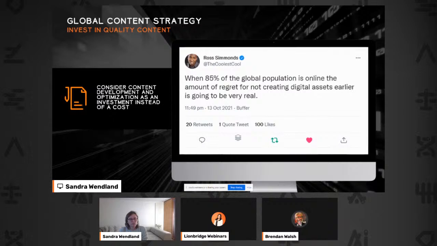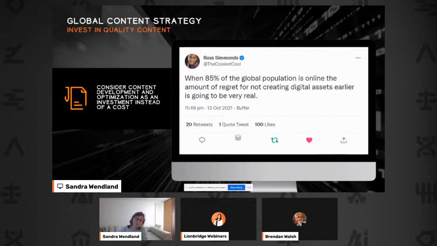A translated page is not going to automatically be successful. Quite apart from local signals, that's not the only thing to think about. I think you need to be targeting the right words in the right market, the right questions. People are going to have different concerns in different markets, so you need to make sure that your content is addressing those concerns.